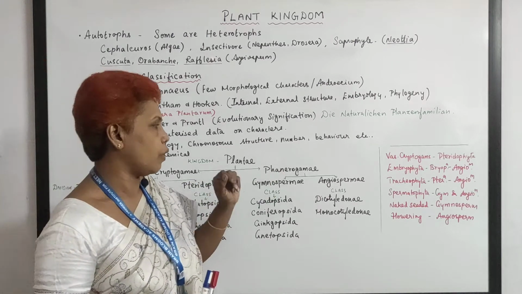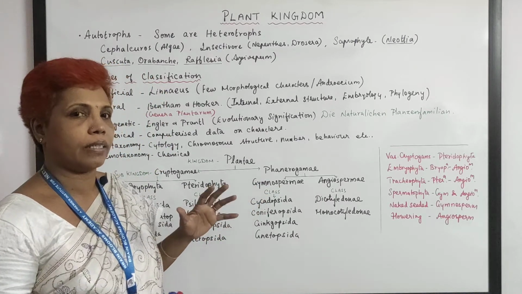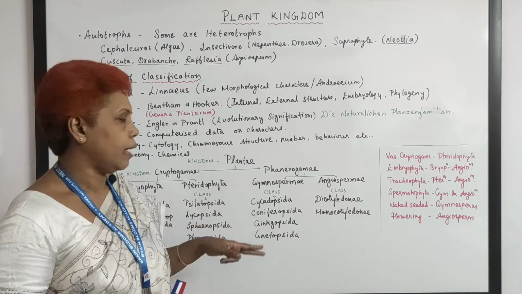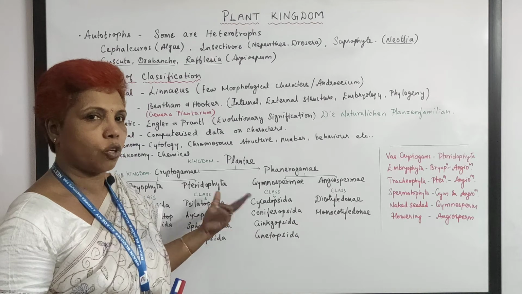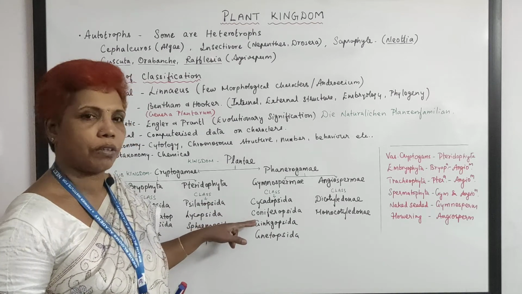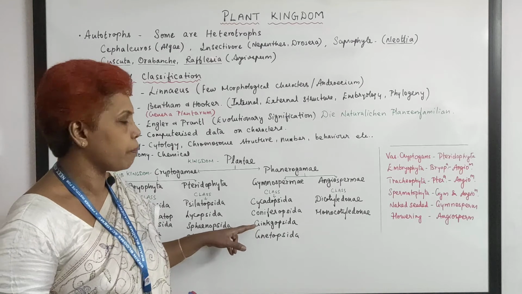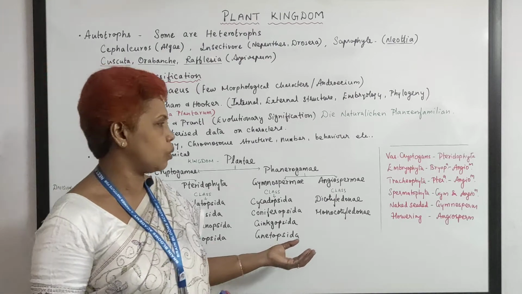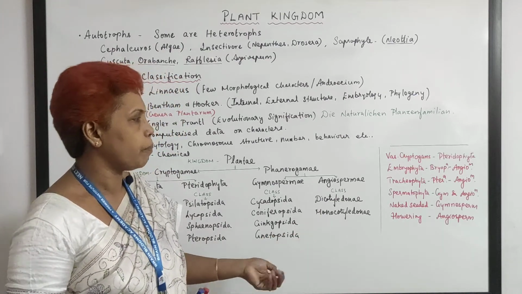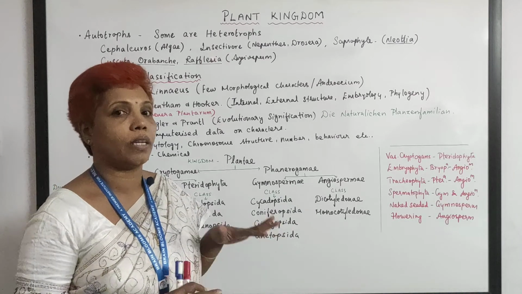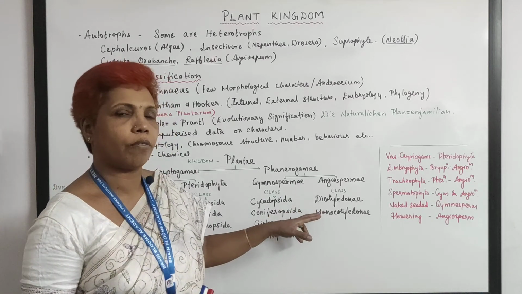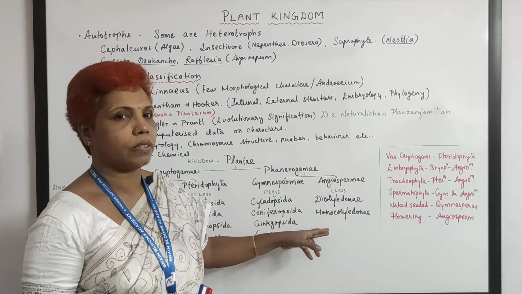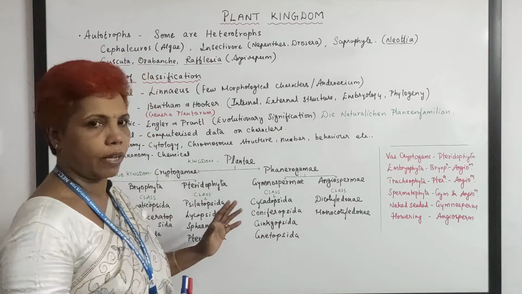And when you come down to phanerogams, gymnosperms are all naked seeded plants, and here Cycadopsida, Coniferopsida, and even Ginkgoales, Ginkgopsida, were some time back under Coniferopsida. Now it is a monotypic genus, so they just place it separately. And then Gnetopsida, which are very much closer to angiosperms in many characters. And angiosperms, this is the golden era of angiosperms, wherein you have dicotyledonous, two cotyledonous plants, and monocotyledonous, single cotyledonous plants. So this is the outline classification.